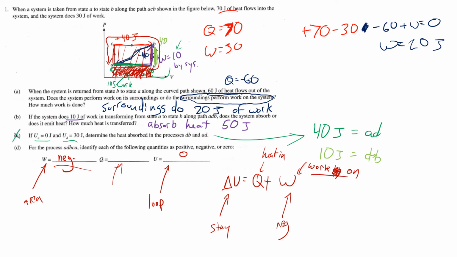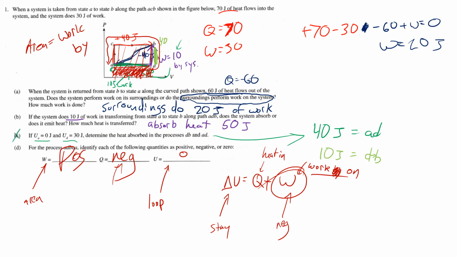So work on is going to be a positive value here. It's positive because you have negative area, because the area refers to work by the system. Since you have the negative of the area, you have positive work on the system. This is why I really hate these specifications. Now since this is positive, that means Q has to be negative, because it has to add up to 0. That's it. That's the thing.